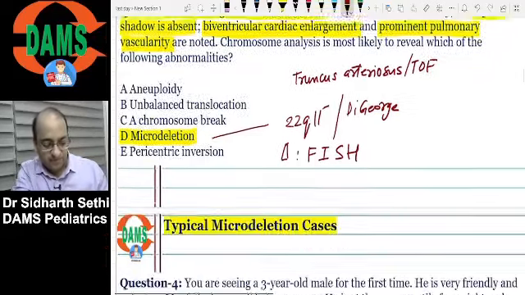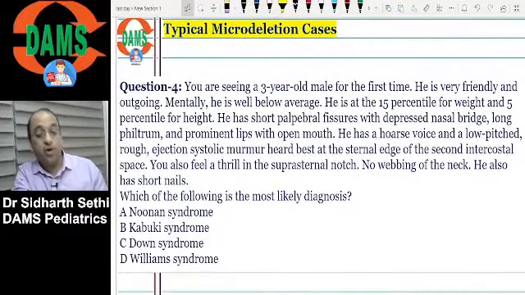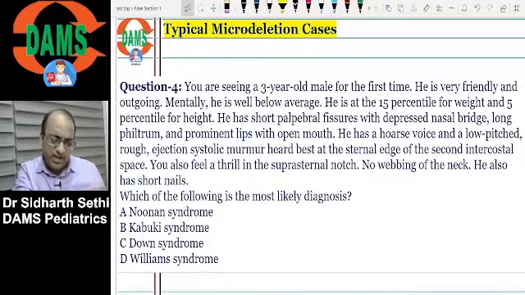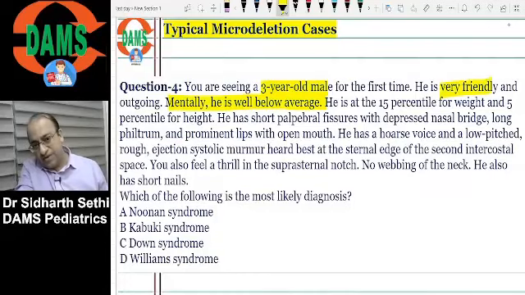Let's go further. Let's show you a typical microdeletion syndrome. Here, all of you, is a very friendly child. Let's take you to question number 4. It's a very friendly child, a boy who is mentally retarded, friendly, and look at his face.